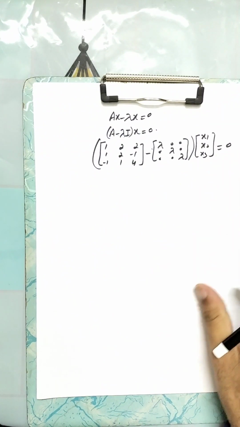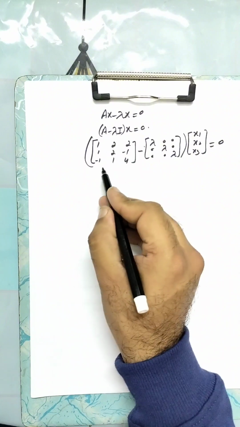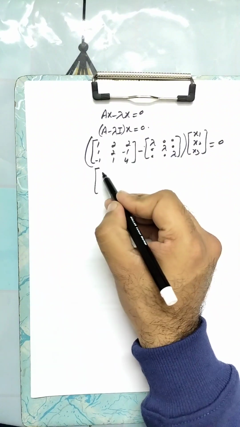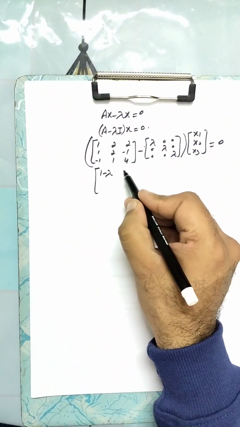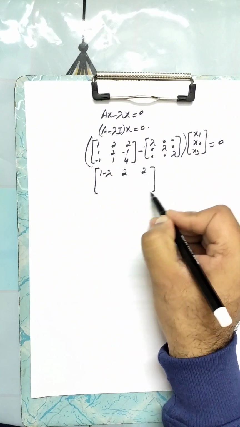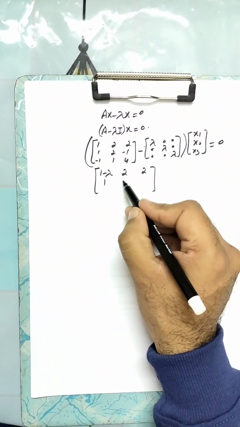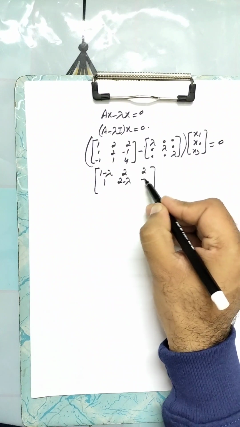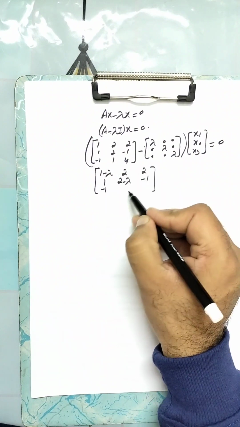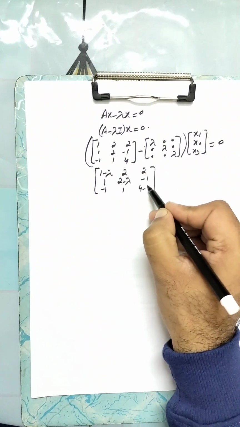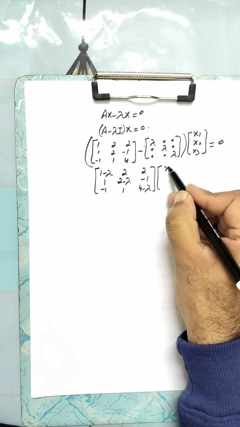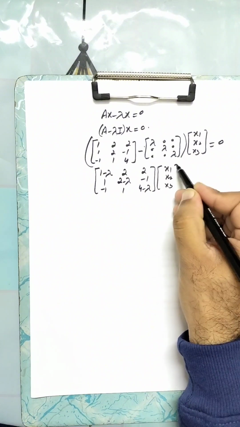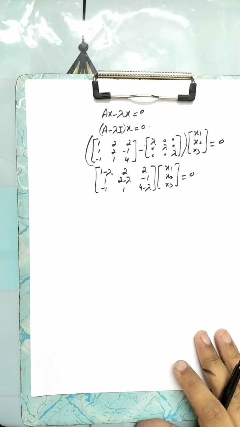Solve this. So this becomes 1 minus lambda, 2, 2, 1, 2 minus lambda, minus 1, minus 1, 1 and 4 minus lambda, and this times x1, x2, and x3 is equal to 0.